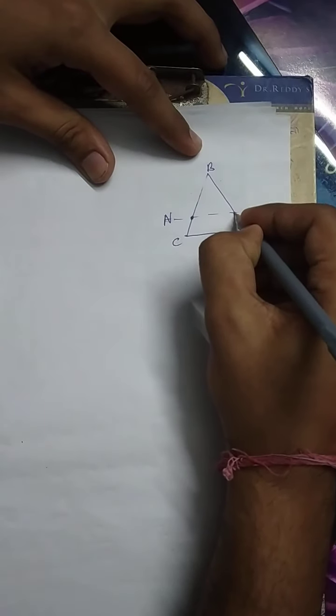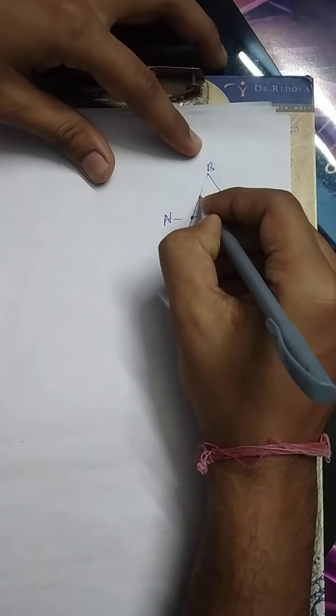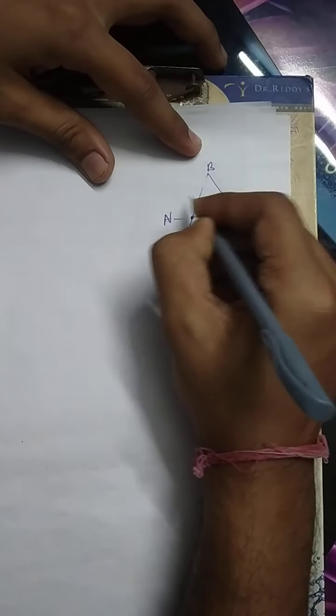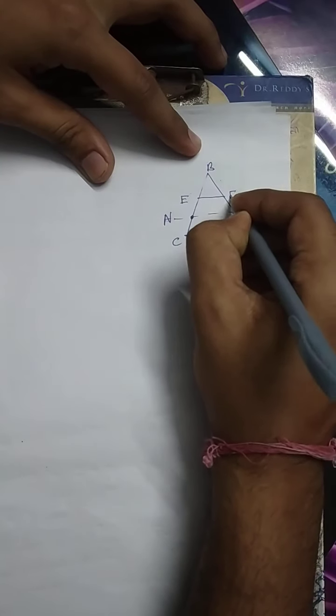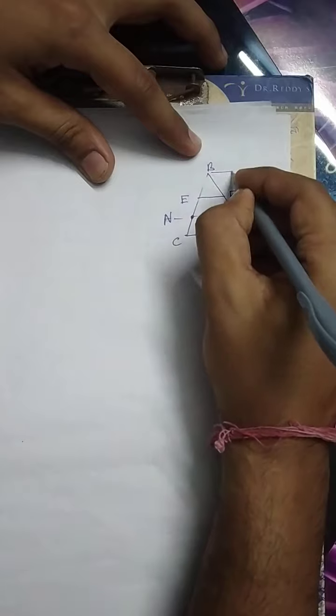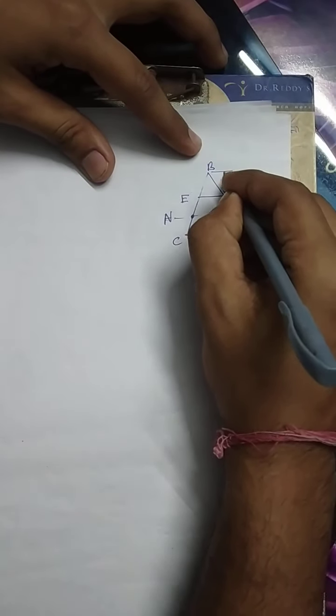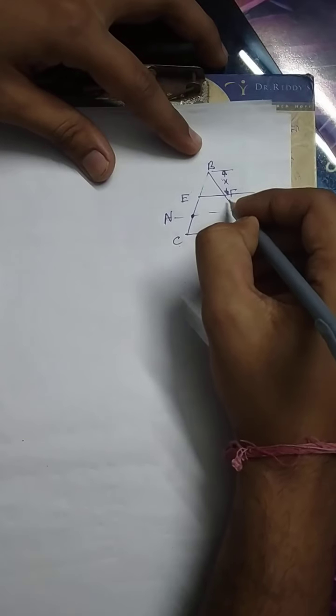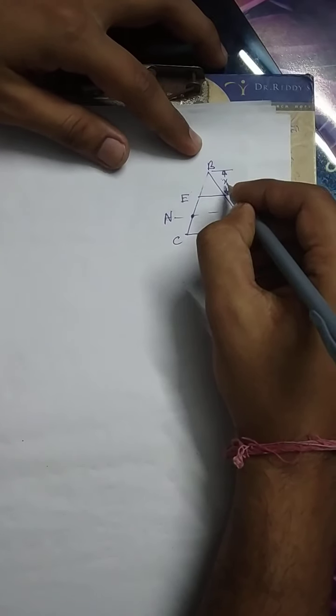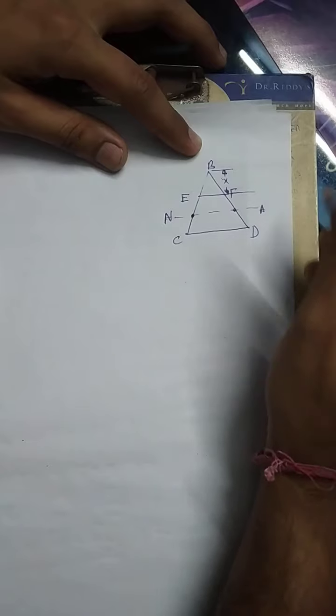This point is N, this point is A. And let us assume at EF, at a distance x from the top, the shear stress will be maximum.